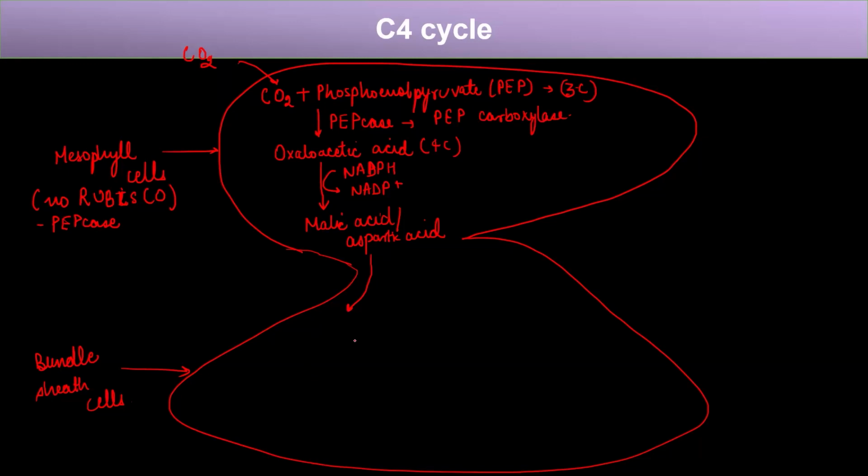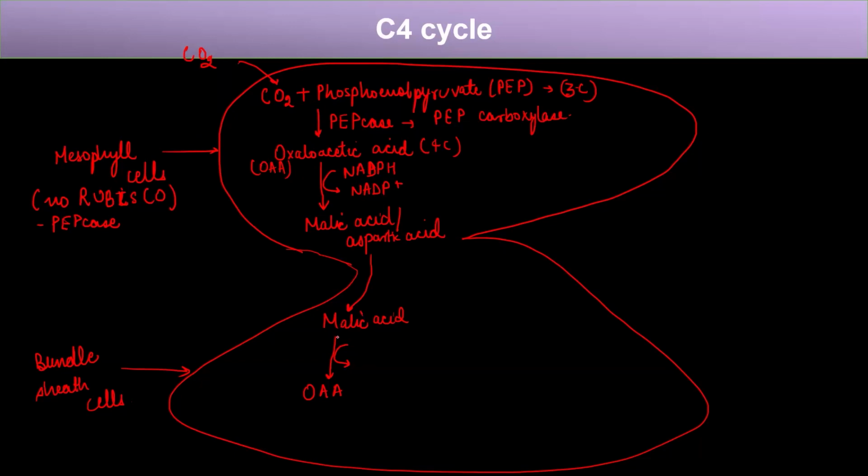Okay, so what happens now? This malic acid, having come to the bundle sheath cells, gets converted again into oxaloacetic acid, which I'm representing by OAA. Like we saw in the mesophyll cells, when oxaloacetic acid was converted into malic acid, NADPH was converted into NADP plus.